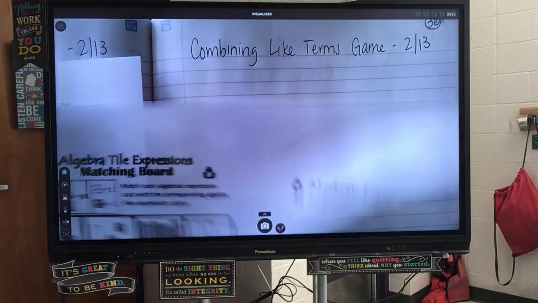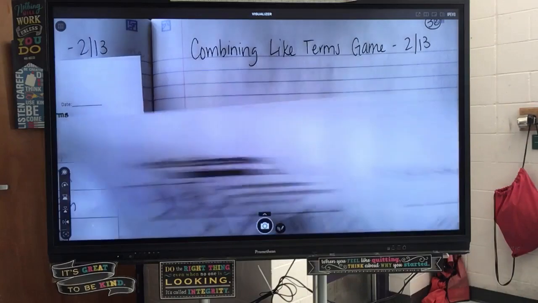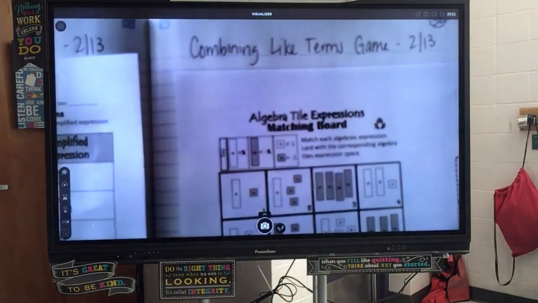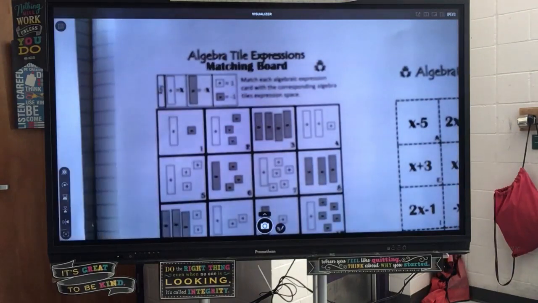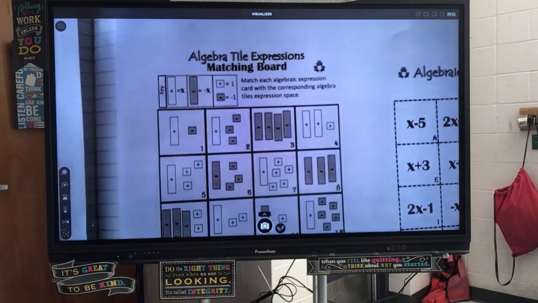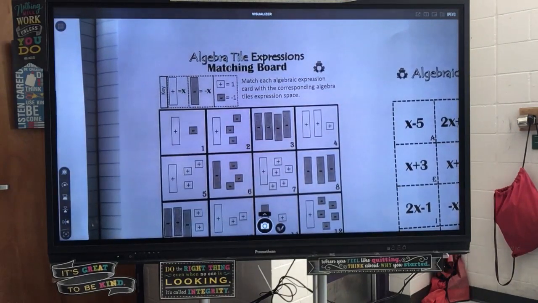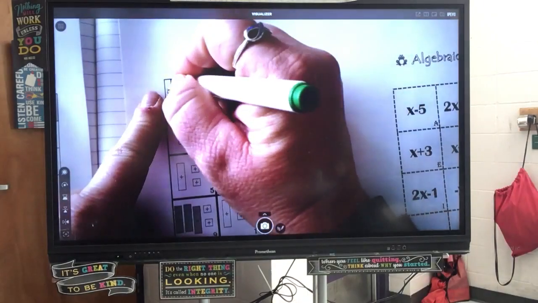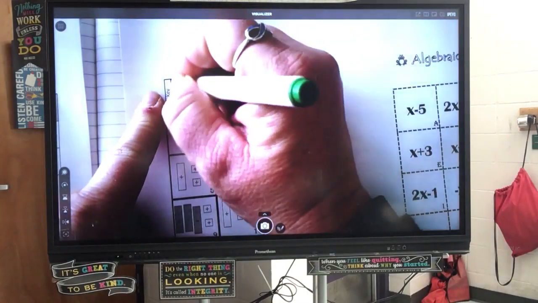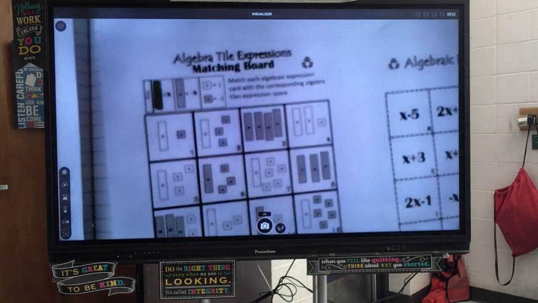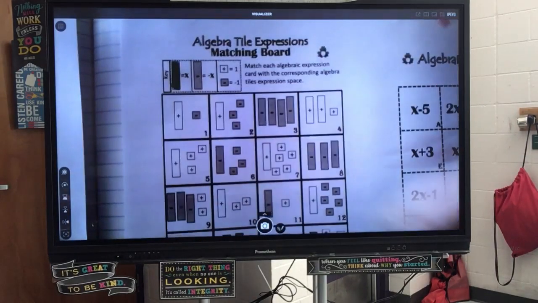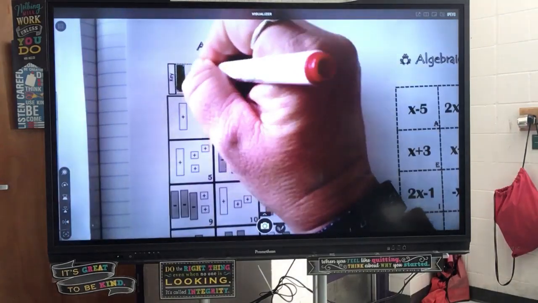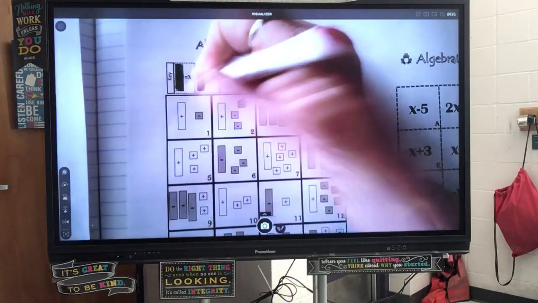Alright, what you're going to start with is the side with the tiles on. So this side has the same key as what we had before. So the tall plus is a green variable, okay? The tall minus is a negative variable, so that would be the red.